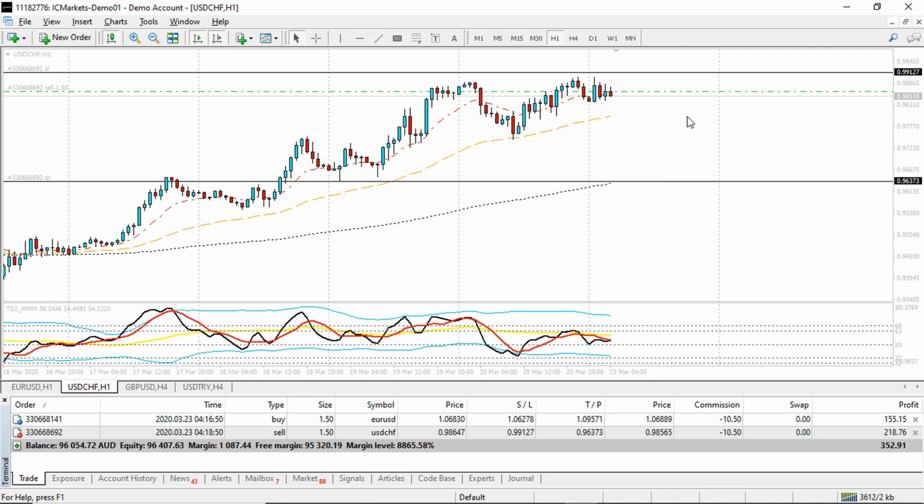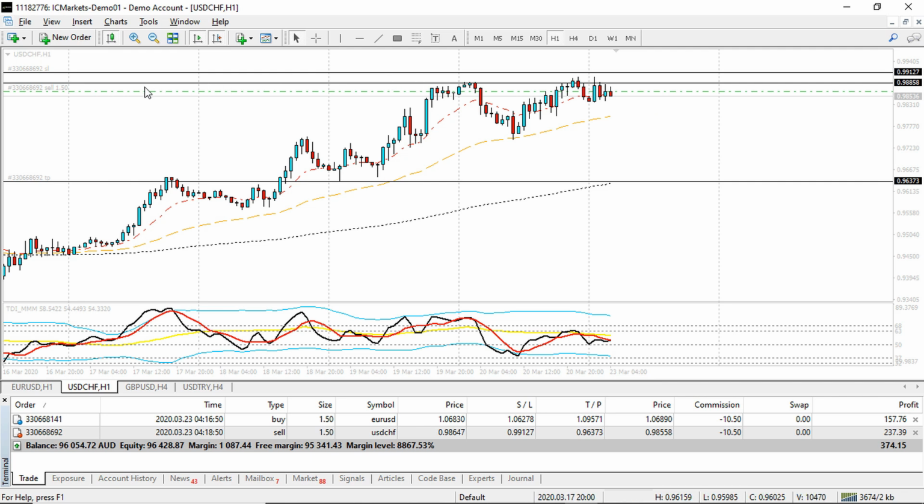So since price is currently at this level right here, which is 0.98508, for a limit order, we wait for price at a higher level to pick us and then start selling. So in this case, let's assume our higher level is a little bit above the current market price, which is 0.98858.